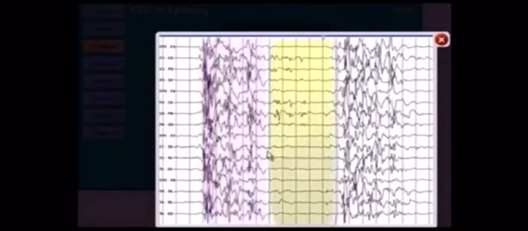So if you see burst suppression pattern, you can see it in epileptic encephalopathy such as Ohtahara syndrome, but you can also see burst suppression pattern in any age group if someone has suffered a severe anoxic brain injury. Burst suppression pattern can also be chemically induced by propofol, by pentobarbital, and several anesthetic drugs.